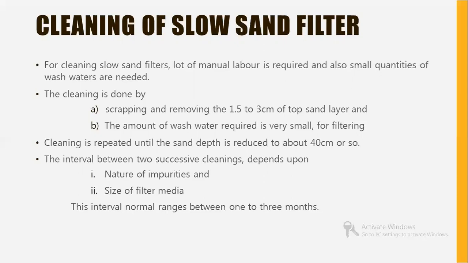Cleaning is repeated until the sand depth is reduced to about 40 cm or so. The interval between two successive cleanings depends upon first the nature of impurities and second the size of filter media. This interval normally ranges between 1 to 3 months.